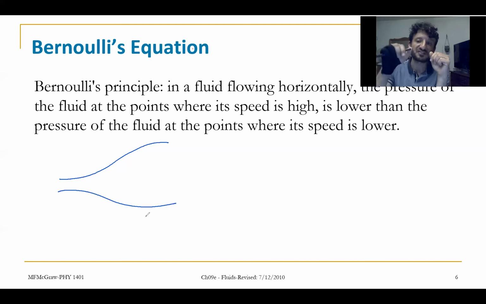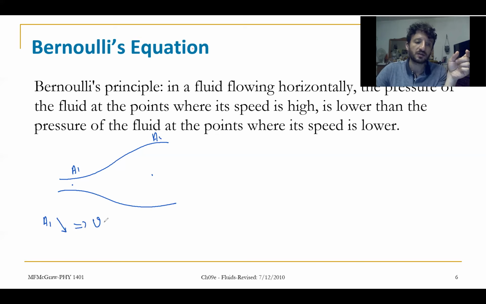So for a small cross-sectional area, we have high velocity. Here we have a tube with A1 and here with A2. A1 is small, so V1 is large.